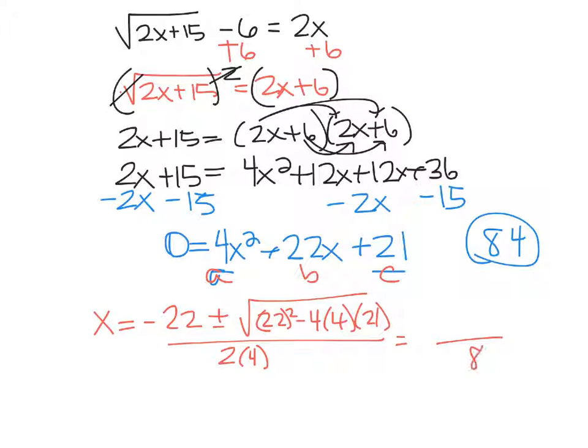So I know I'm dividing by 8. That's the easy part. And I'm going to have to use my calculator to figure out what this equals. So 22 squared minus 4 times 21 is 148.